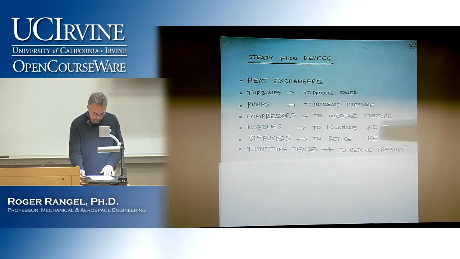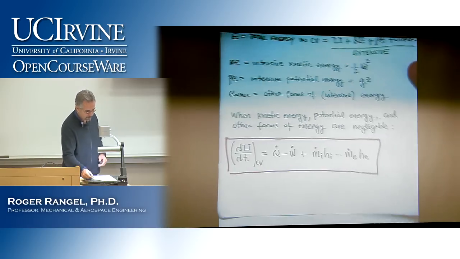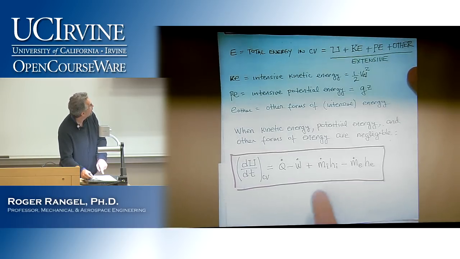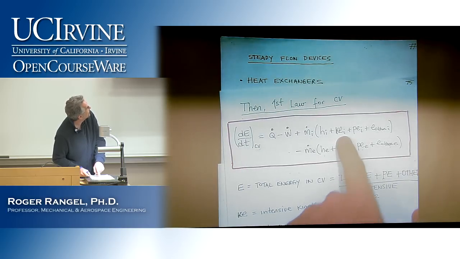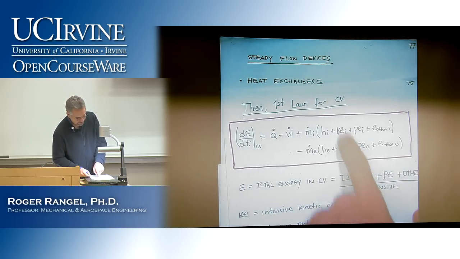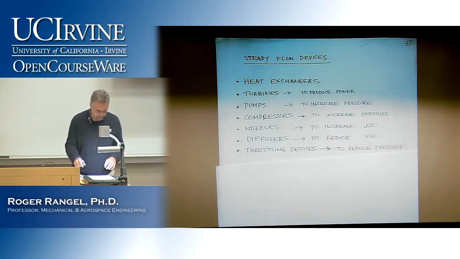So those are two scenarios, nozzles and diffusers, where we have to go back and use the full equation to retain the kinetic energy, because if we just use this one, we have neglected kinetic energy. So in a case like that, we have to keep that term in if we're looking at a nozzle or a diffuser.